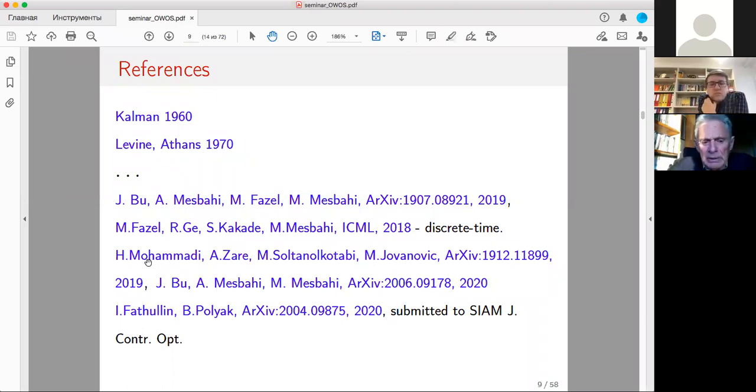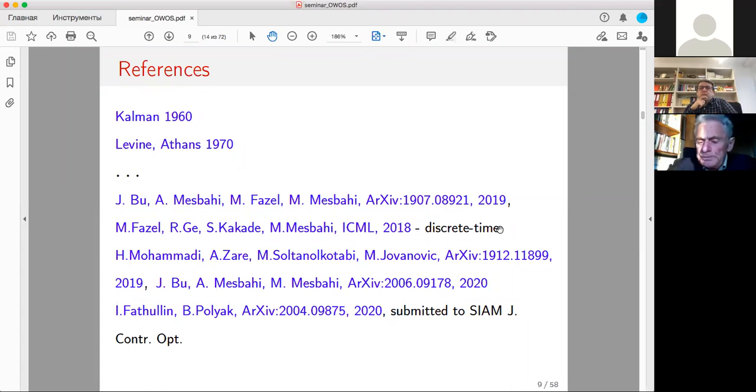And actually the breakthrough was this paper by Fazel, Ge, Kakade, and Mesbahi in 2018, not for continuous time, but for the discrete time problem.